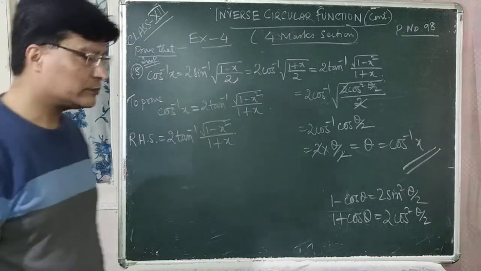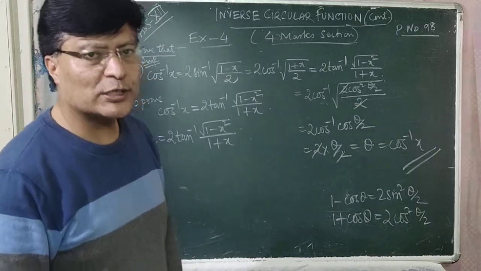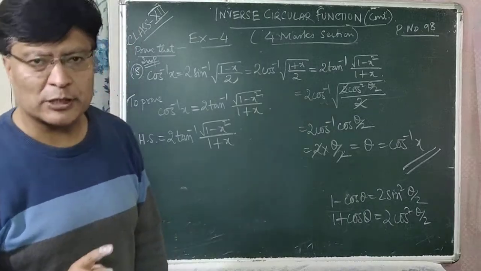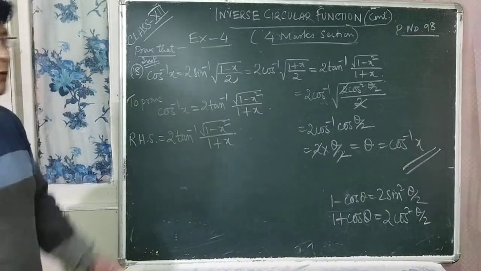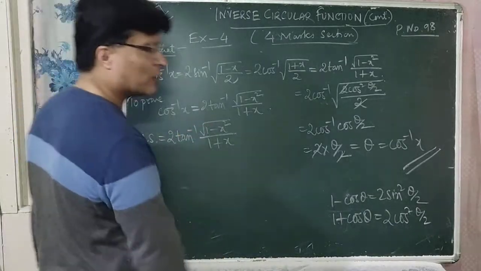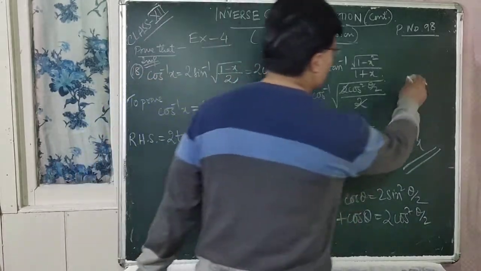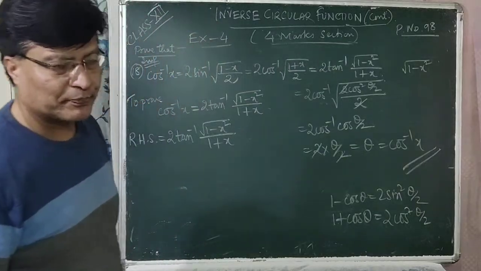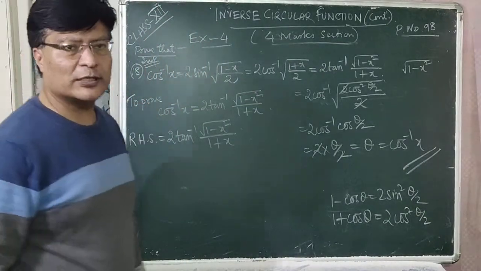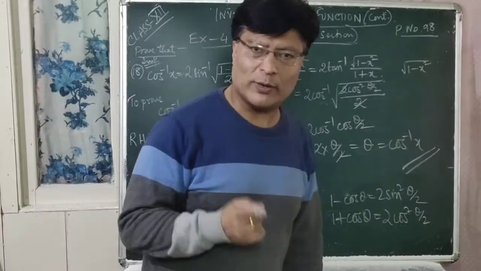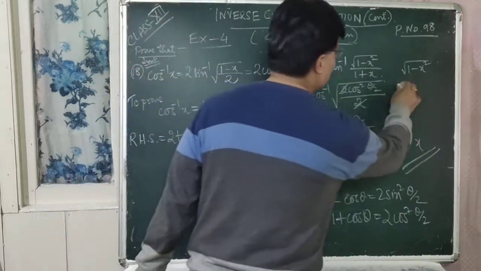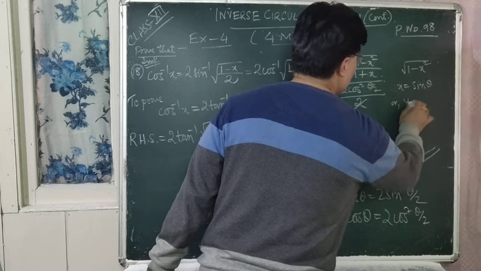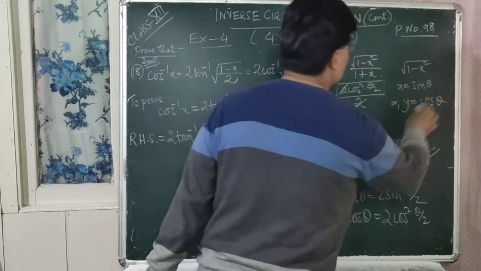Okay? So now how can you do this problem? Here also you should do the trigonometric substitution method. So what should you put for x? Within square root there is 1 minus x square. So if within square root there is 1 minus x square, either you can put x is equal to sine theta, or you may put x is equal to cos theta.